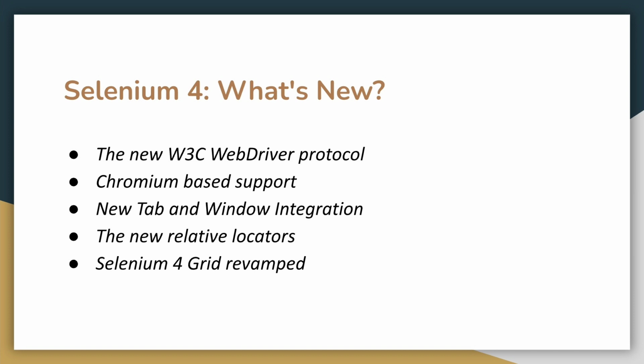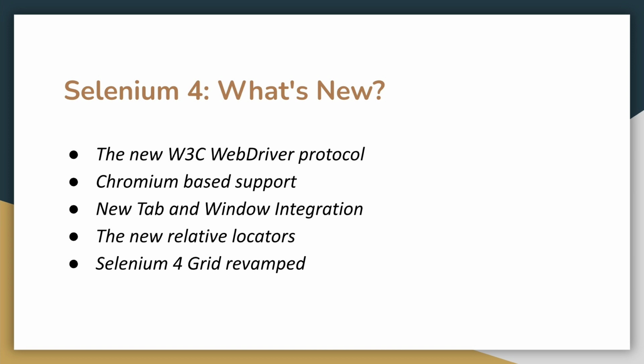Now another update is in Selenium Grid. We have Selenium Grid 4, we can say. In this new grid, we can simply launch with the help of standalone mode, and when you run this standalone mode, both hub and node will be configured at the same time.